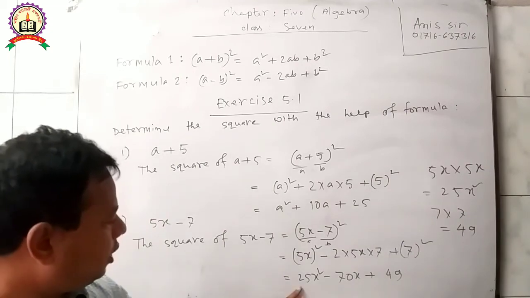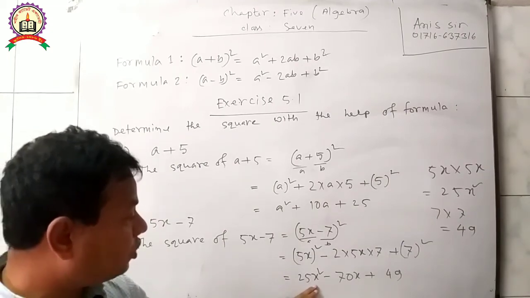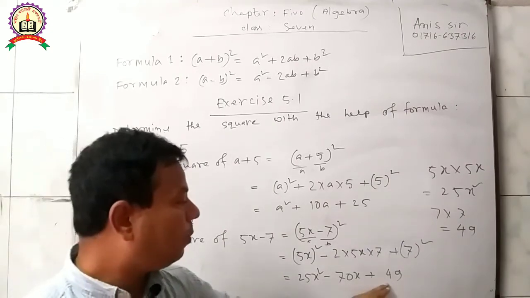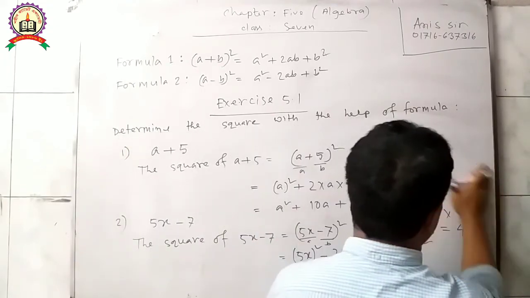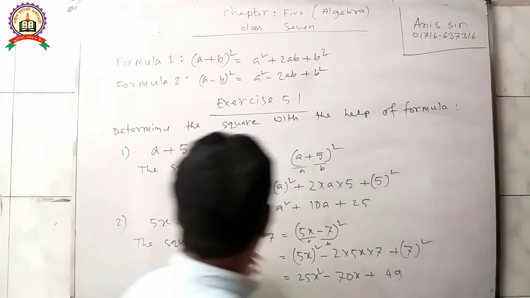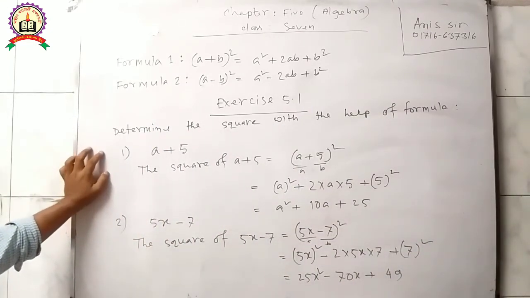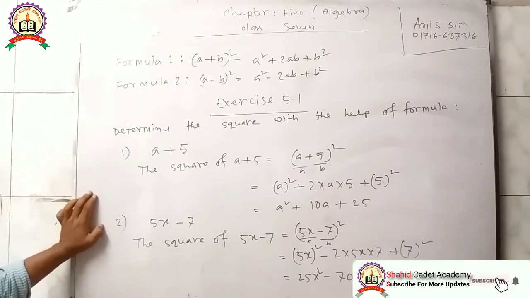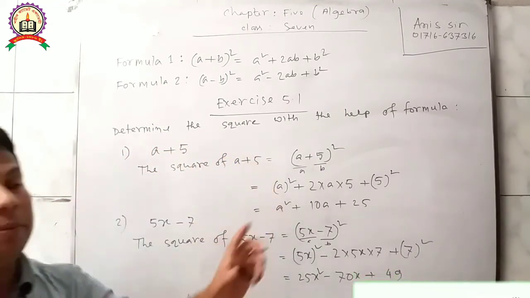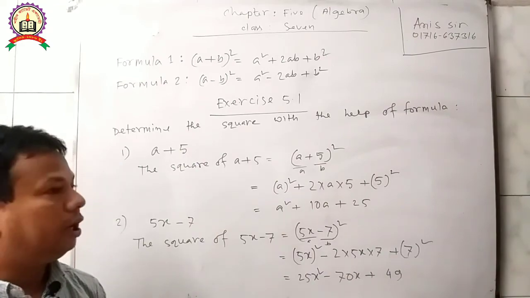So we get 25x square minus 70x plus 49, and this is the answer. Using two formulas we solved two maths, and this is the system to determine the square. Very important, you have to practice again and again.